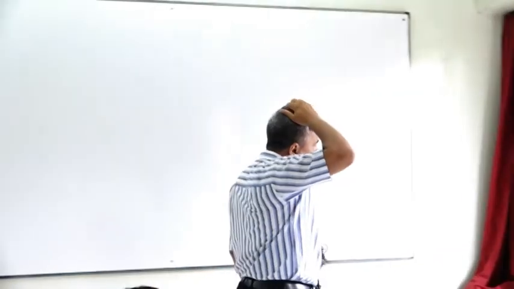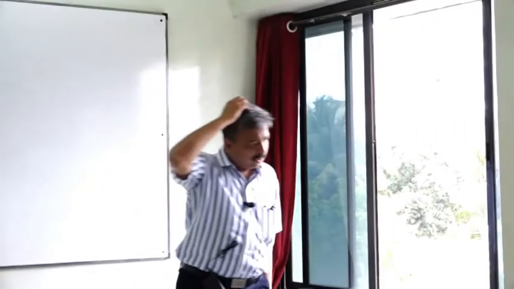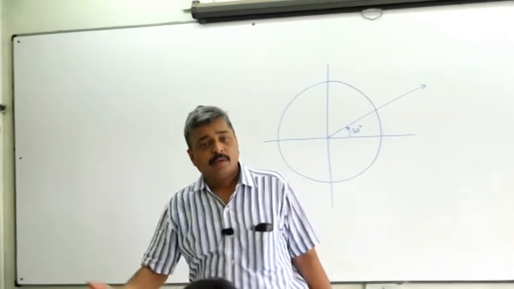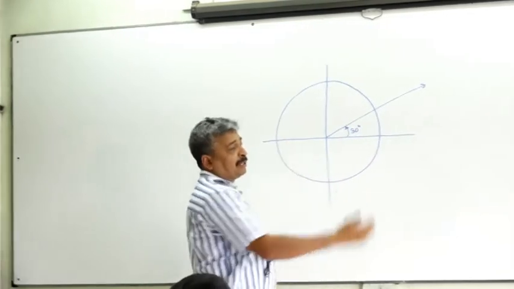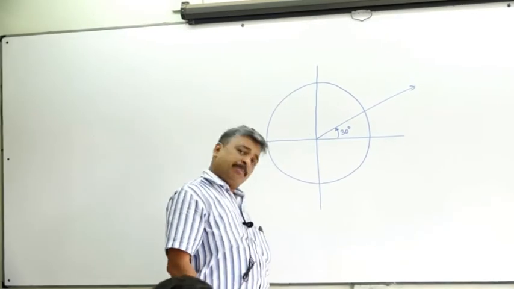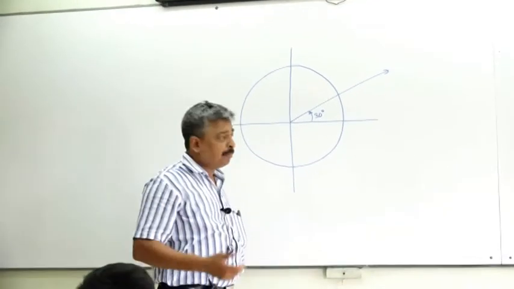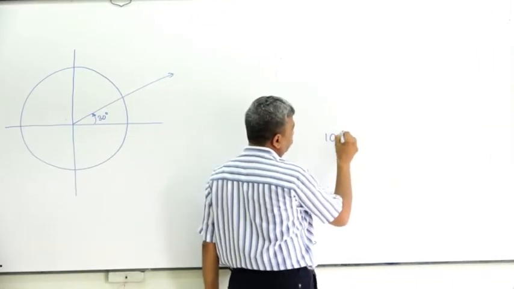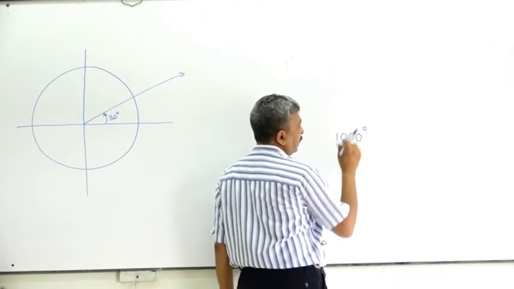So now, because we have increased the domain, the values of theta, from 0 to pi by 2 to R, and we define those trigonometric ratios in a little different way, we may or may not be in trouble. We will find out. Suppose I say 1000 degrees.